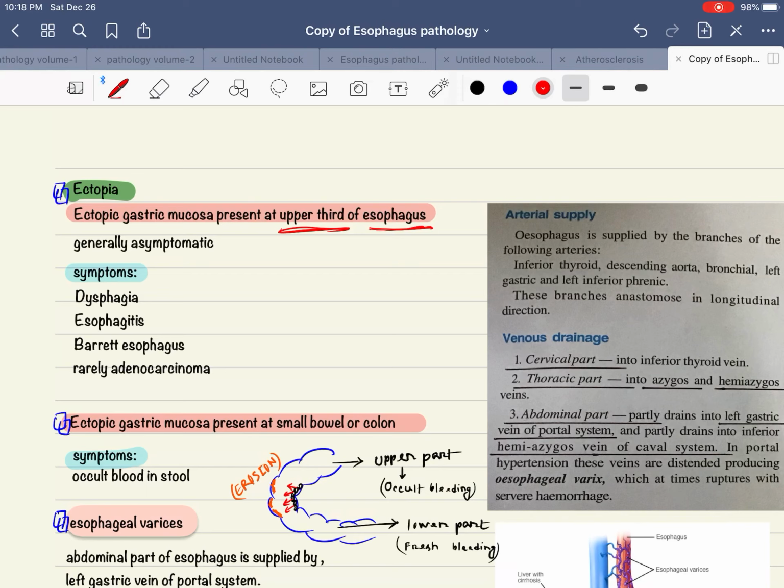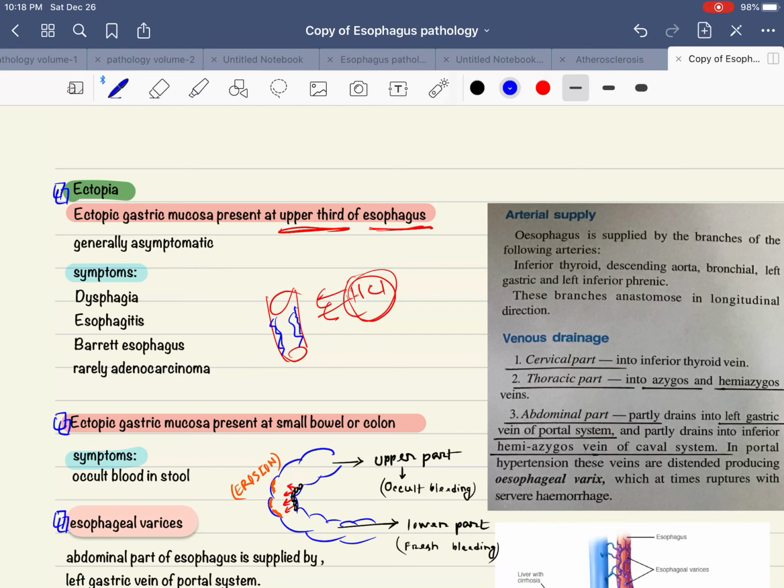That's why these ectopic gastric mucosal cells release HCl, and this HCl will destroy the esophageal lining, because we know that the esophageal lining is made of stratified squamous epithelial cells.